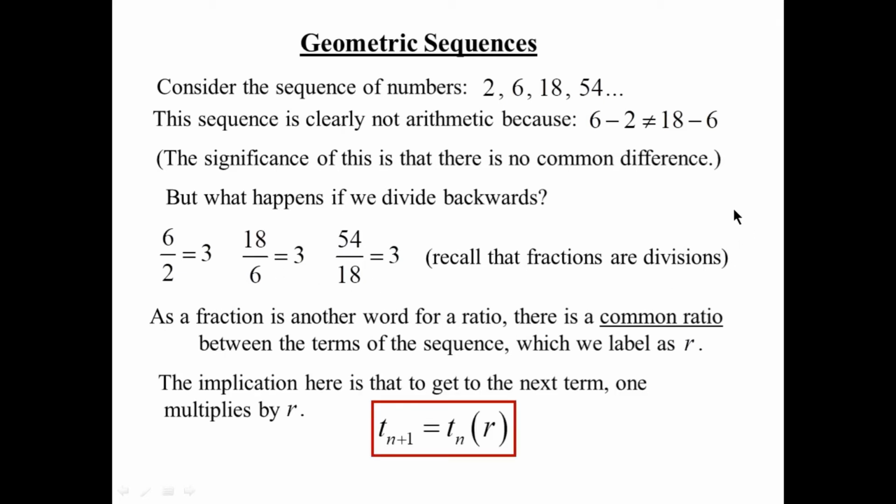The implication here is that to get to the next term from a given term, multiply by r, because that's the opposite of dividing. Coming back, we divide, but moving forward, we multiply. So the next term is the current term times r. When there is a common ratio, the sequence is called geometric.